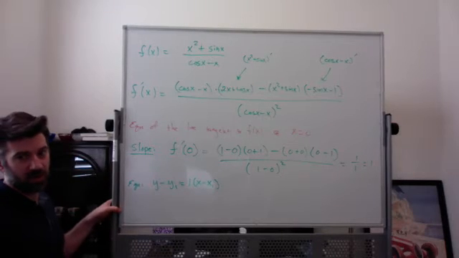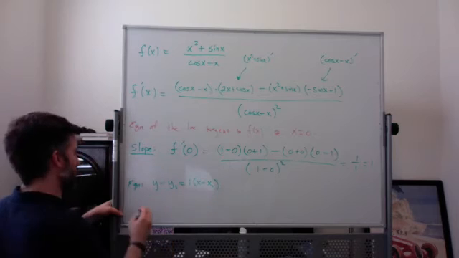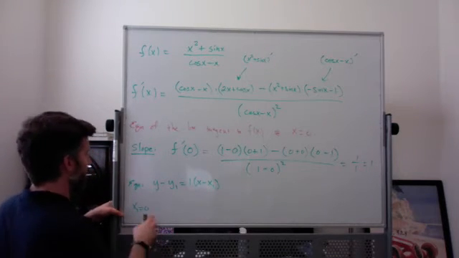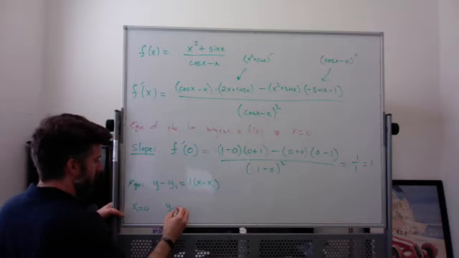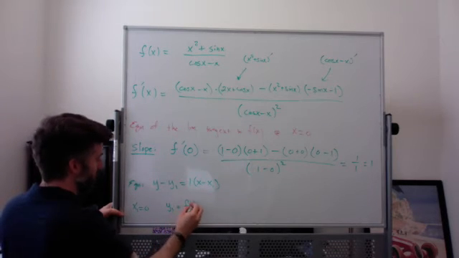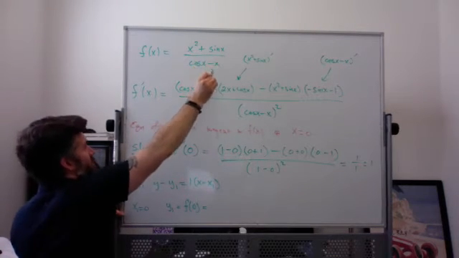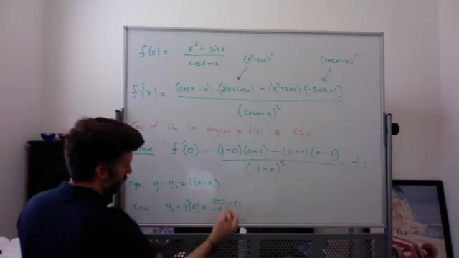Now, this is probably not a super exciting example because we already know the x coordinate is 0. So our x1 is 0. And to find the y coordinate, you just plug it back into the original function. So the y coordinate, y1, is the original function evaluated at 0, which is 0 plus 0 over 1 minus 0, which is just 0.